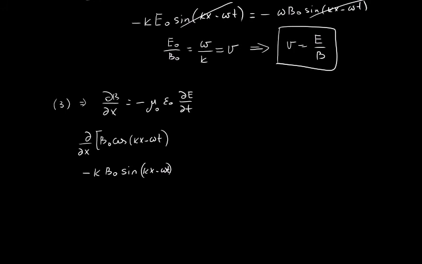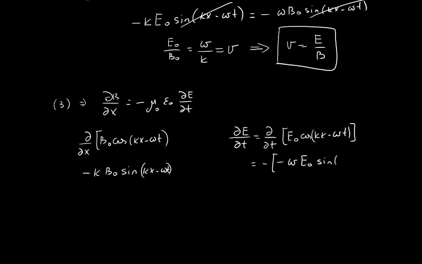And then the right side, if we take dE by t, that is d/dt of E naught cosine(kx minus omega t), which will equal omega E naught sine(kx minus omega t). So x in here, k in here.